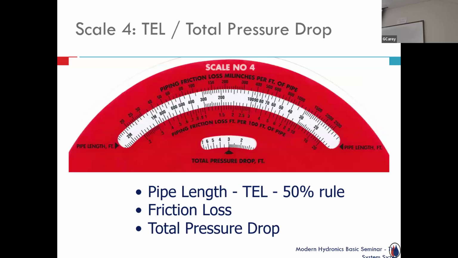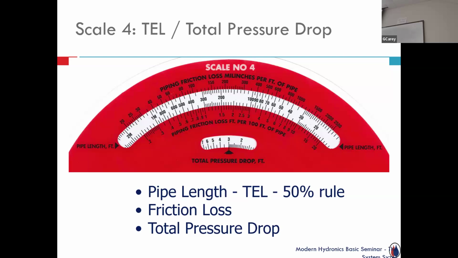So anyways, scale 4. We blow it up. Here is our total length of pipeline. What's the length of piping in that white band? This information right here is going to be the calculation. That's what we're going to calculate. The piping friction loss in feet per 100 feet is coming from scale 2.